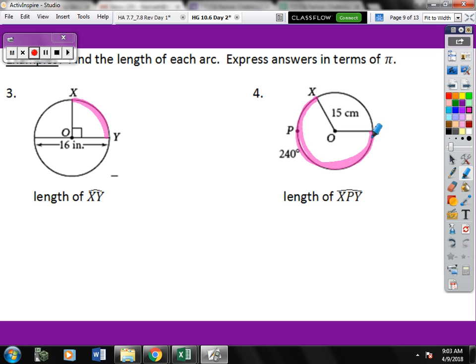But I'm changing what's being asked of you. We're asked to find the length of the arc instead of the measure of the arc. Express your answer in terms of pi. So again, leave pi in your answer. So we'll use our arc length formula, which is the arc divided by 360 times 2 pi r. And if you want, you can put 2 pi r over 1, just to remind yourself.